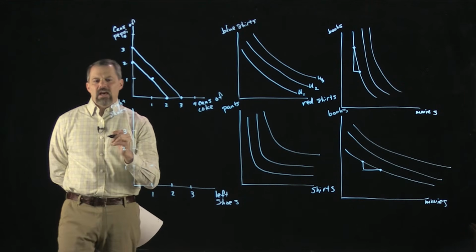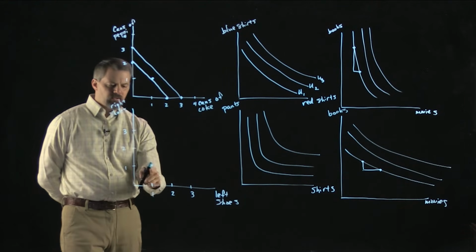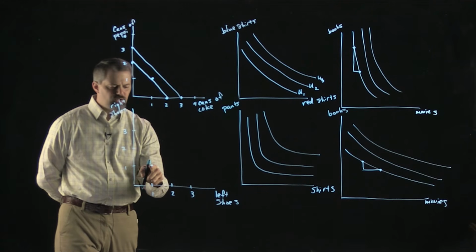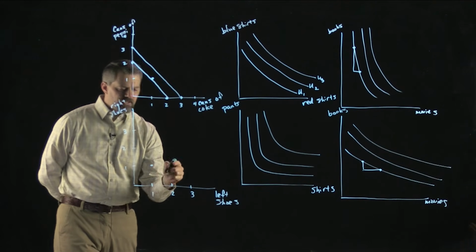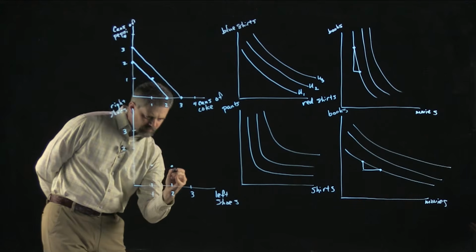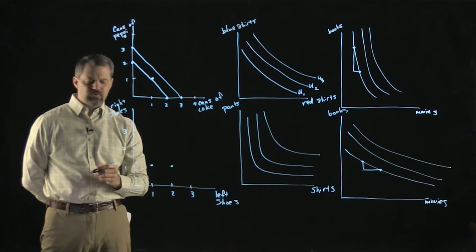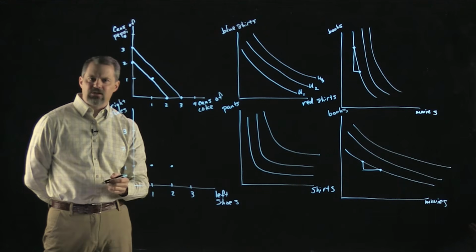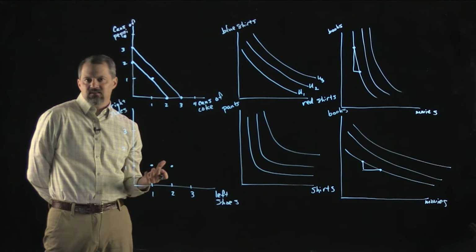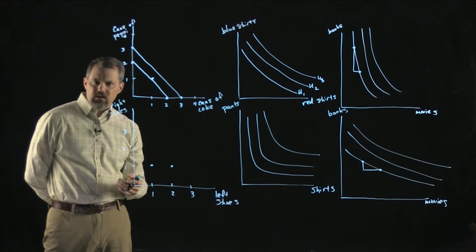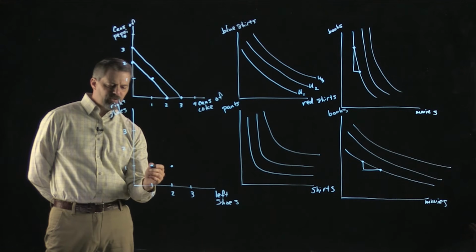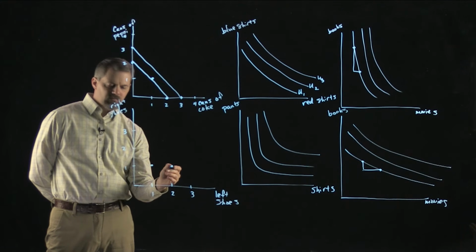Now, let's suppose you've got 1 right shoe and 1 left shoe, and then all of a sudden you get another left shoe. That would be this point right here. You've got 1 right shoe and 2 left shoes. Does that extra left shoe get you anything? Of course not. You've still only got 1 pair of shoes. So you would be indifferent between this point and that point.